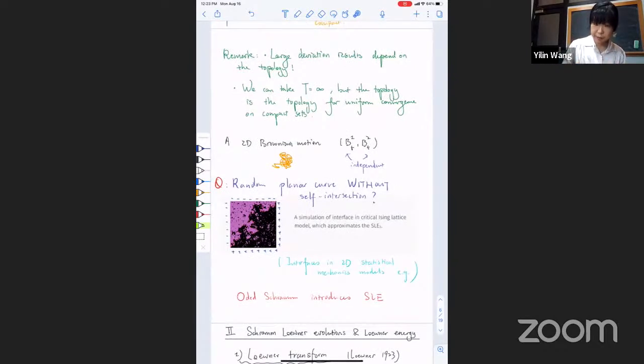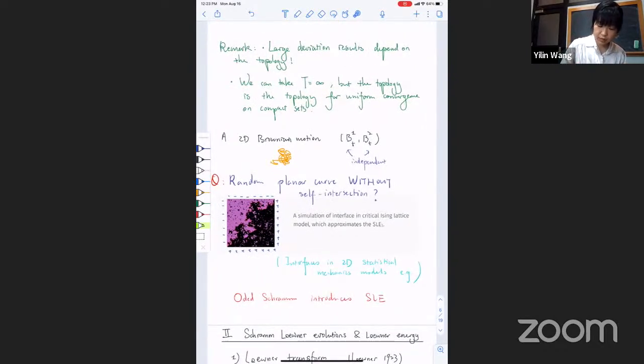For instance, from 2D statistical mechanics models. Here you see a simulation of the Ising model. I'm not going to define it, but you can see that there are 2 different colors, the minus spin and plus spin. If you force the boundary to be minus here and plus here, it will force an interface between the 2 clusters.